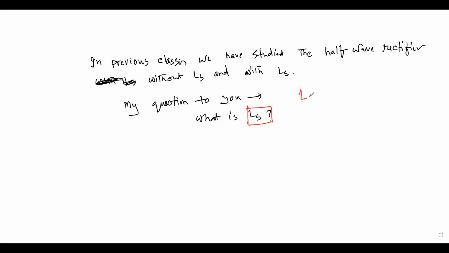What is LS? I told that we have considered the half wave rectifier without LS and with LS. What is LS? Nobody can answer this question.